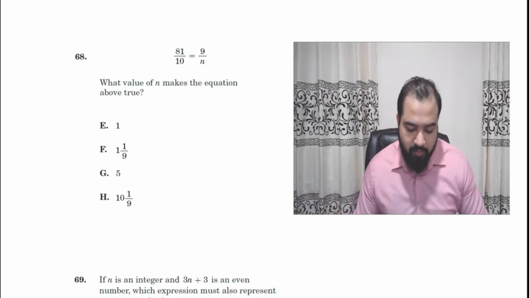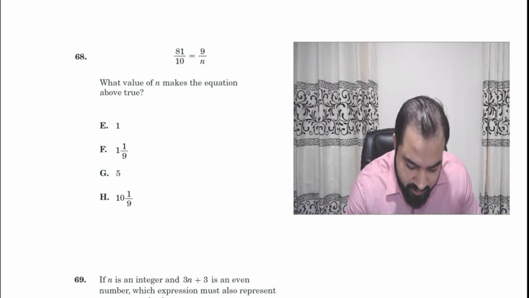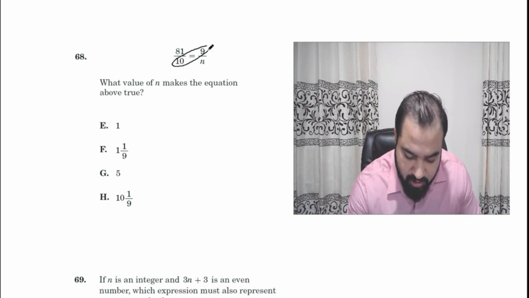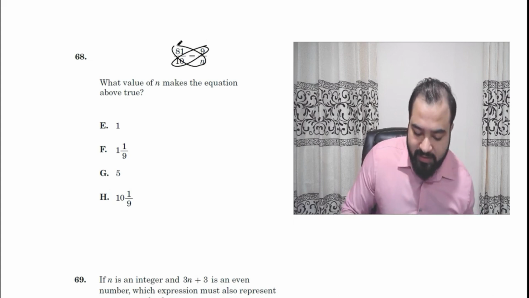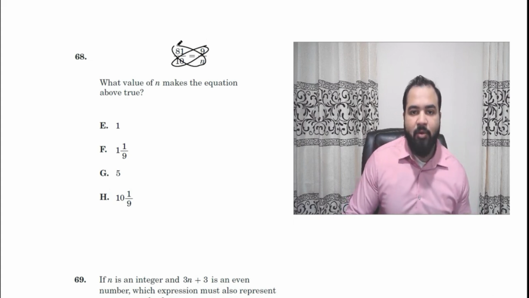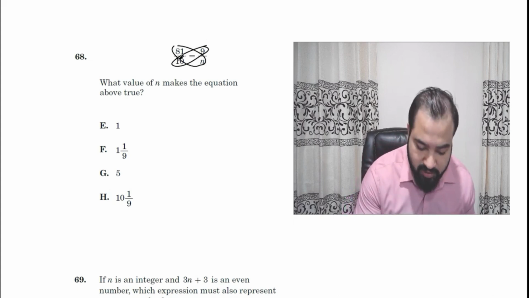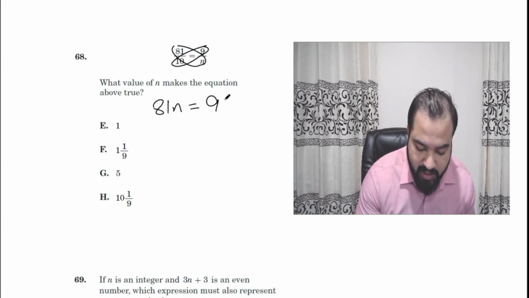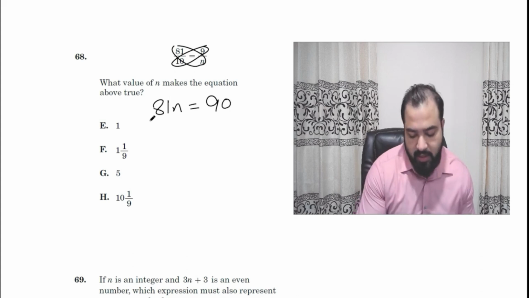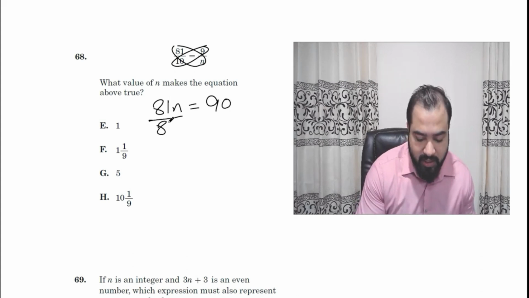So solving proportion 68. Here we can definitely cross multiply, because it says what value of n makes the equation above true, meaning they want you to solve for n. So cross multiply: 81 times n is 81n, equal to 90 times 10, which is 90. Now we divide both sides by 81.